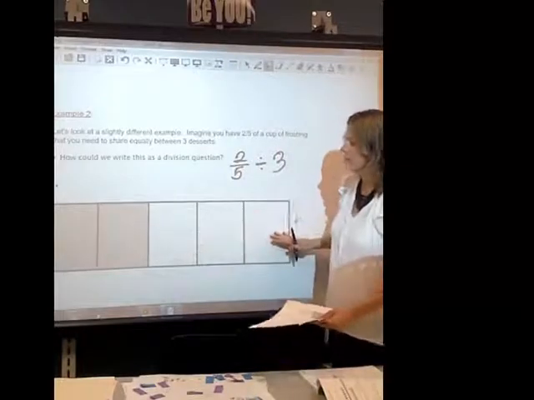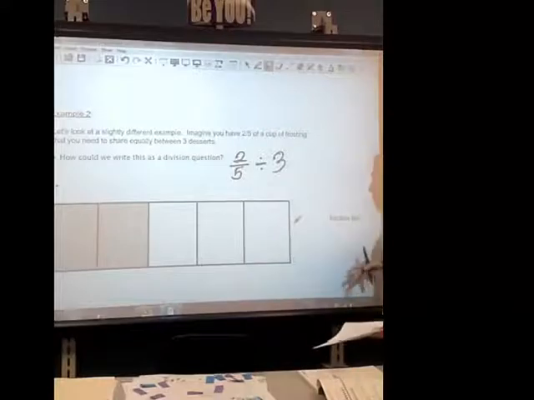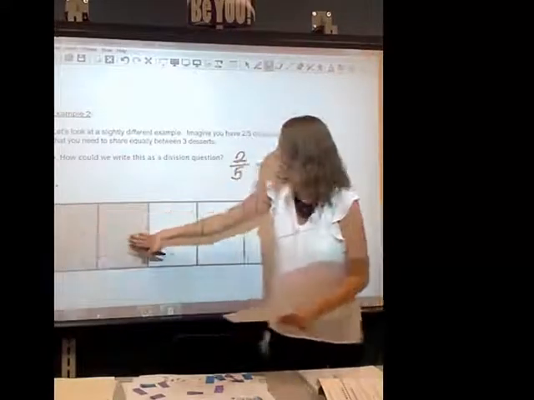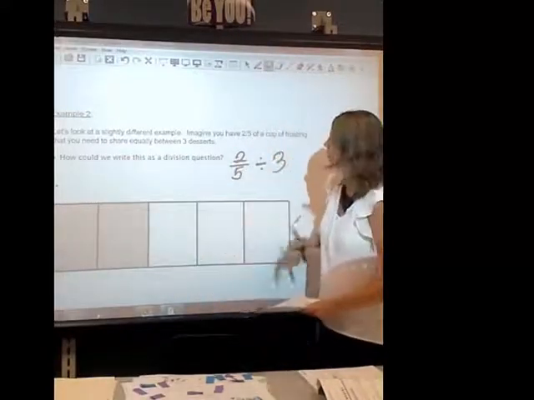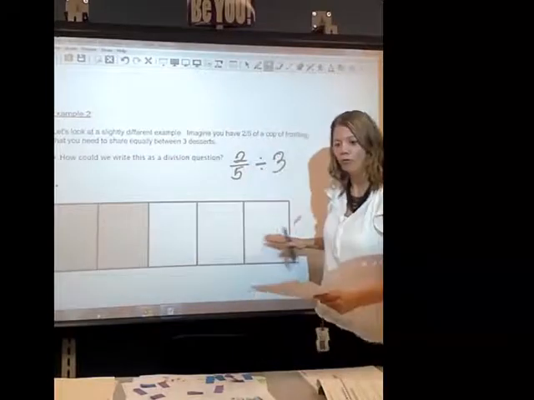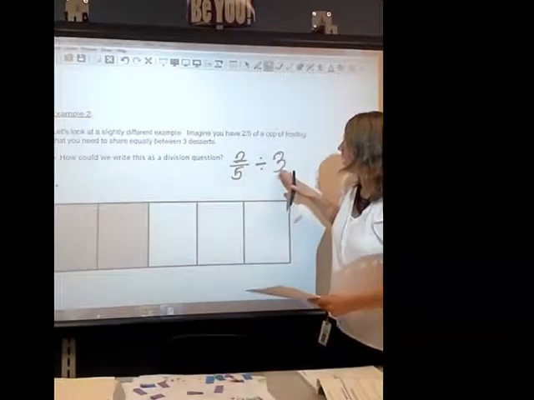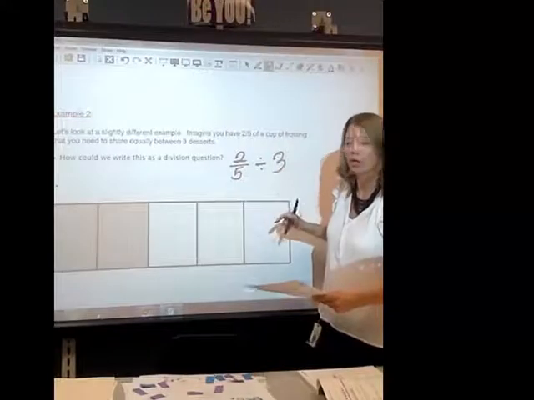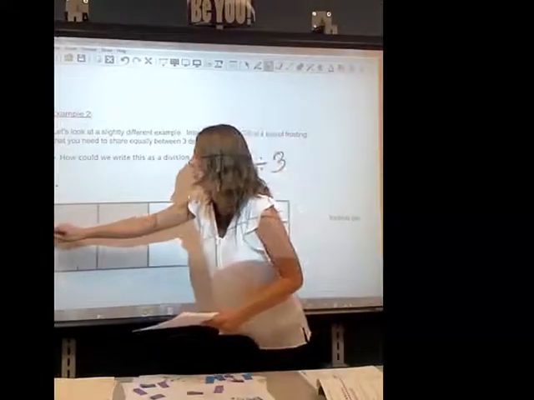So down here you see a visual. This is a fraction bar. We have 2 out of 5 representing the 2/5 that we have. If we're going to divide it by 3, I can do this.